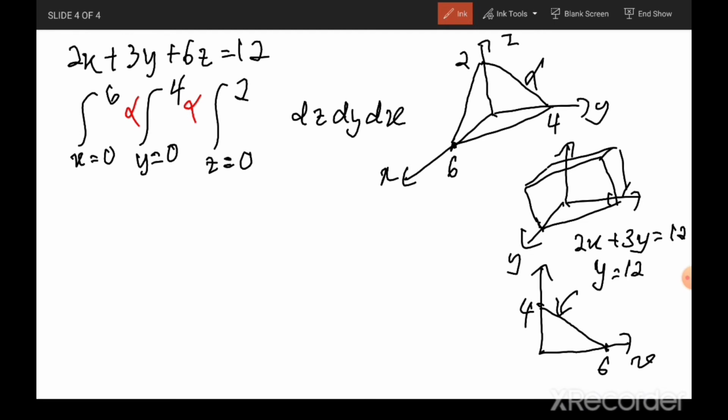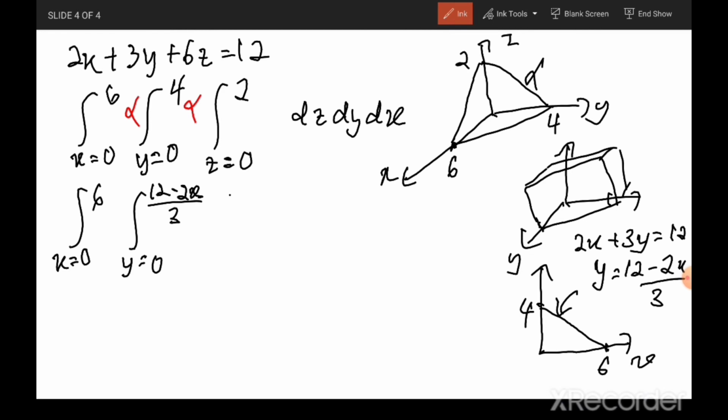To get y, it is 12 minus 2x divided by 3, that is the equation for that line. Then we can write the intervals. The interval for x is between 0 until 6, and the interval for y is between 0 until 12 minus 2x divided by 3.